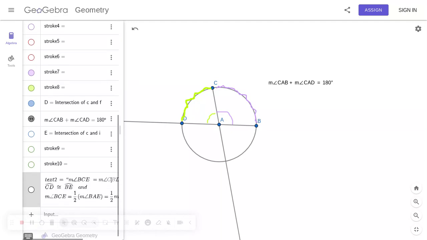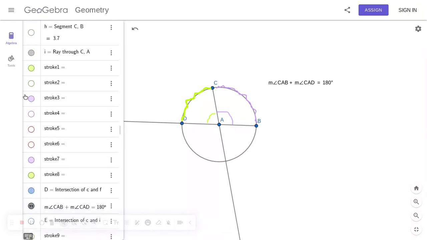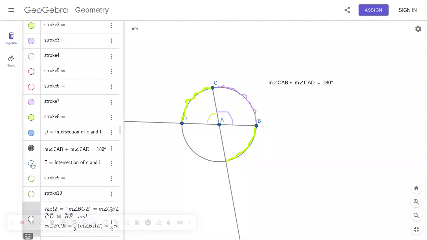Let's talk about these congruent arcs. There are two congruent pieces of arc here colored in green.